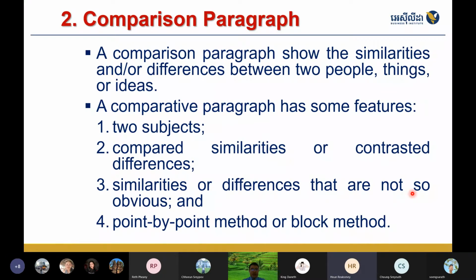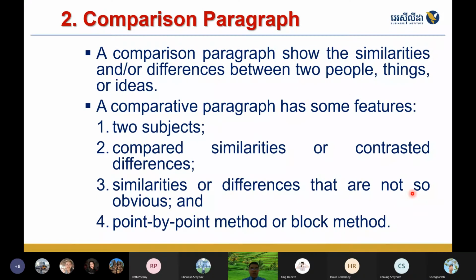Okay, thank you, Ratsmai, for reading this slideshow. When we talk about a comparison paragraph, we use it to show the similarities or sometimes differences between two people, two things, or two ideas.